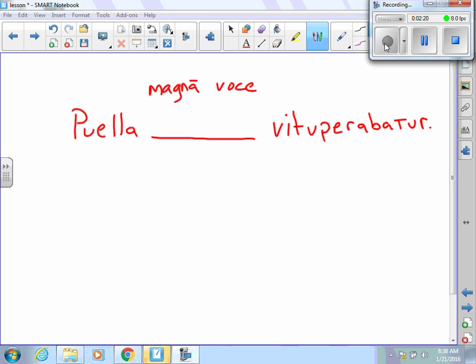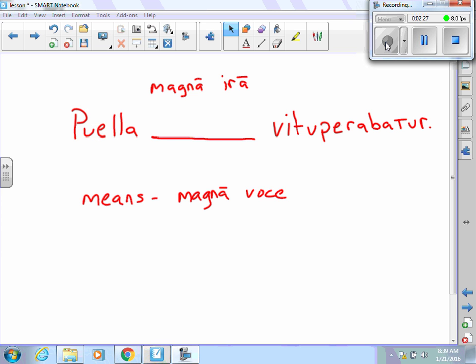So that would be an ablative of means. Here I have the girl was chastised with great anger. In this case, it's telling me the manner or the emotion which is being used with the action. So magna ira would be an ablative of manner.